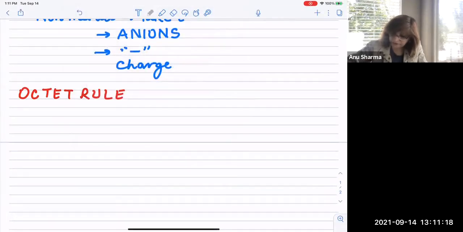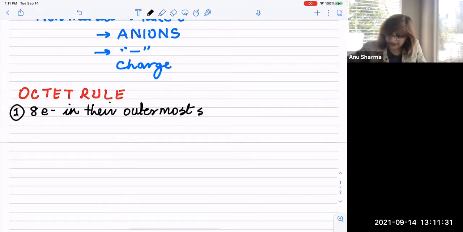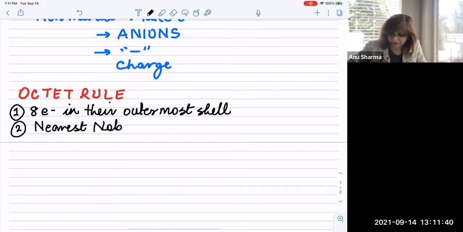So they want to have 8 electrons in their outermost shell. That outermost shell then begins to look like the nearest noble gas.